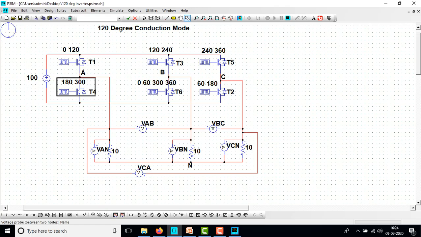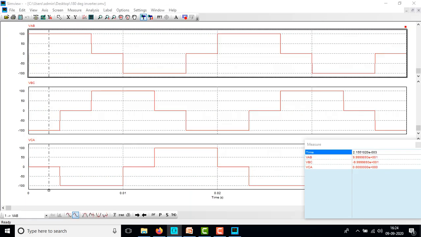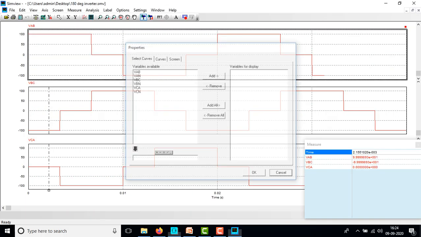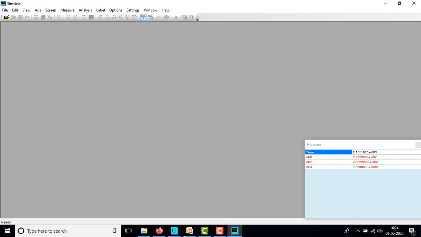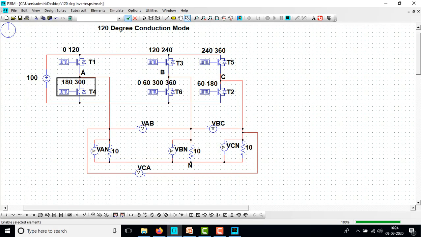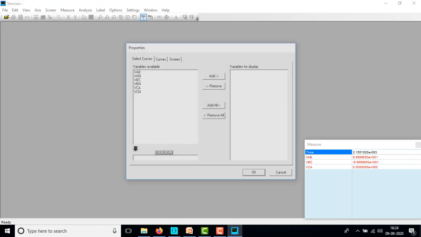Here all the phase voltage and line voltage probes are connected, and we have to run for 2 cycles. First we close all the other things, and we run only the 120 degree conduction mode.